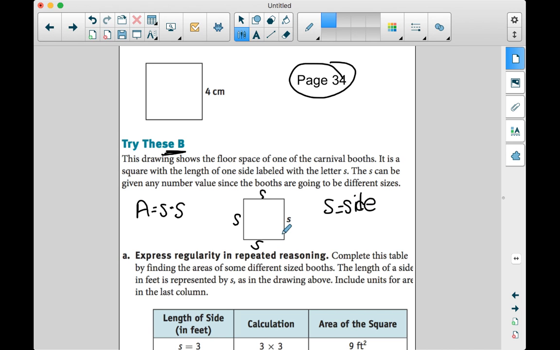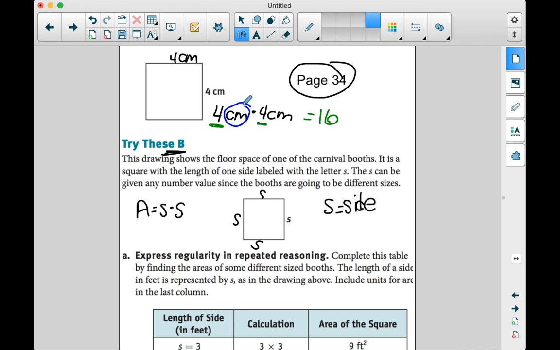So if we go back up to this picture right here, if this side is 4 centimeters, then this side is 4 centimeters. And if we're calculating the area of a square, we would have 4 centimeters times 4 centimeters. Now I'm going to take a look at just my numbers. So 4 times 4 equals 16. Then I'm going to take a look at my units.